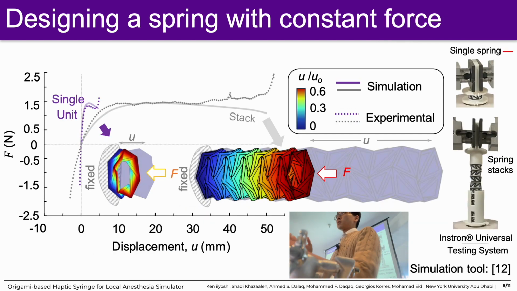To extend this to an actual syringe shape, we of course had to stack the springs. We first simulated the force-displacement profile on a single unit, and then extended to the full stack. We first simulated this through finite element modeling, and then tested it with a mechanical tester.